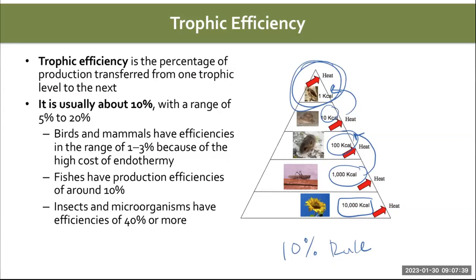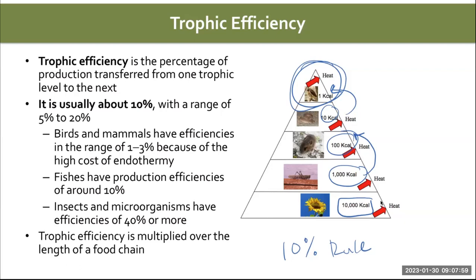To support this red-tailed hawk, you need at least this equivalent amount of energy in plant biomass, to support the amount of animal biomass that hawk ultimately consumes, okay?